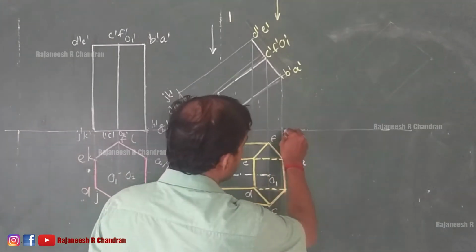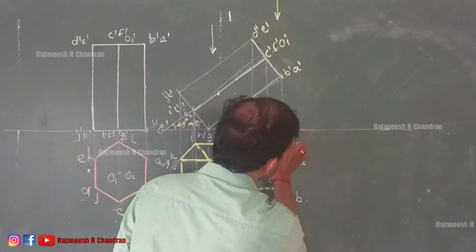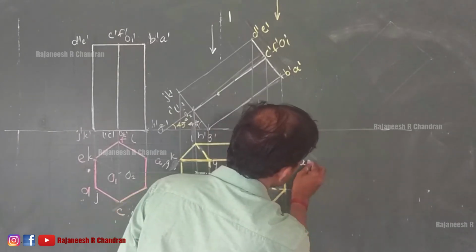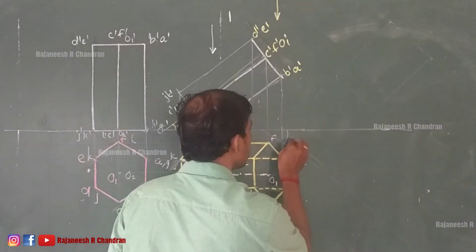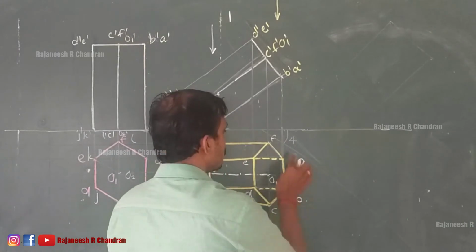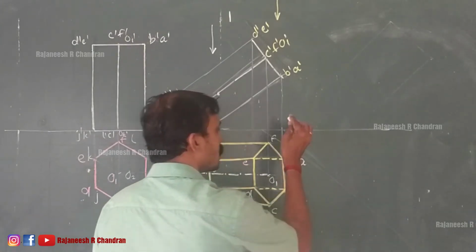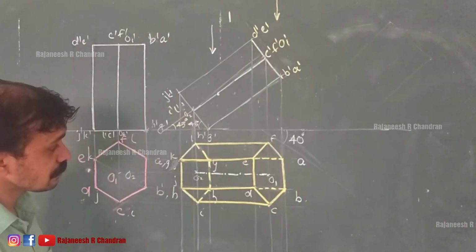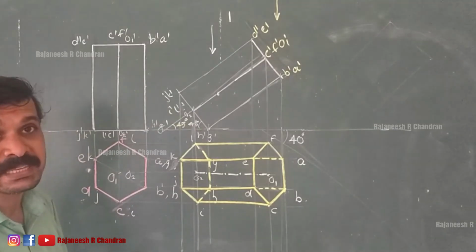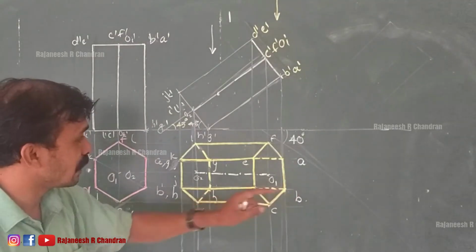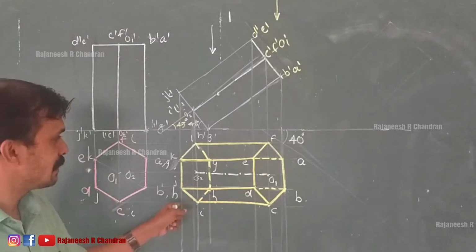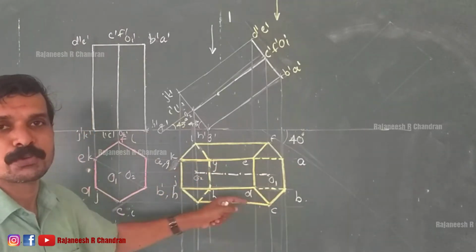See, at an inclination of 40 degree, we can draw a line. And on that line, we can reproduce this top view, right?